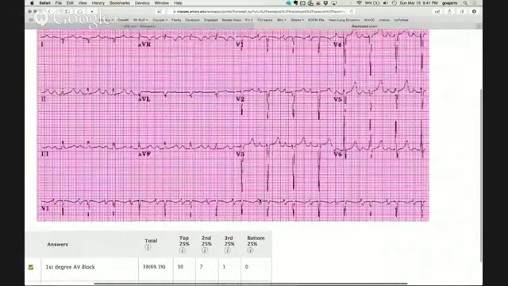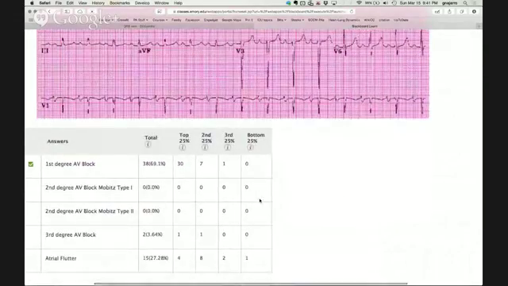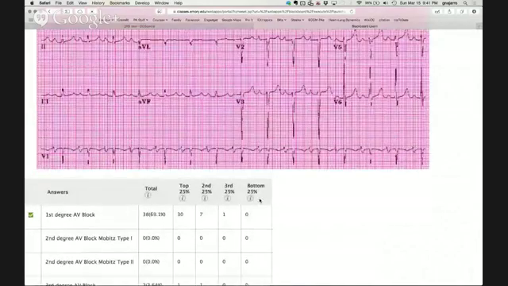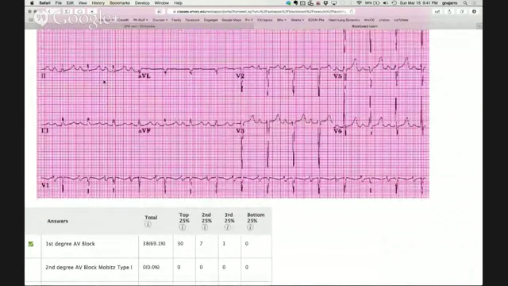So this one is pretty clear. I think some people answered third degree or flutter, and I think maybe some people confuse these two waves for flutter waves. But if these were truly flutter waves, then you would see another one that marches out right about here, at about the same distance between these two.